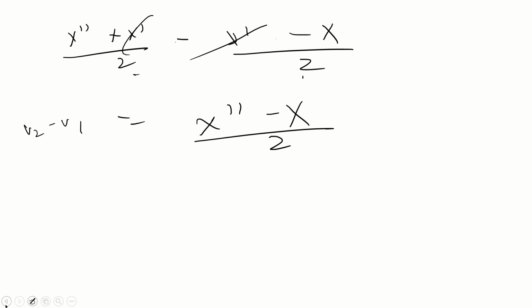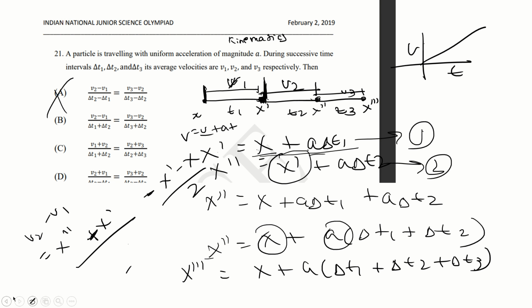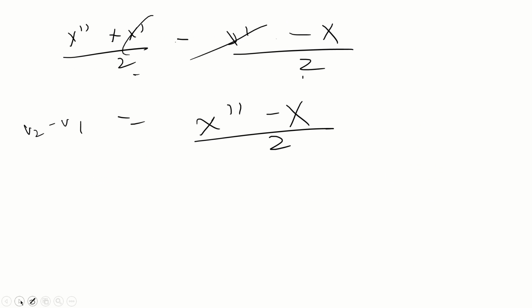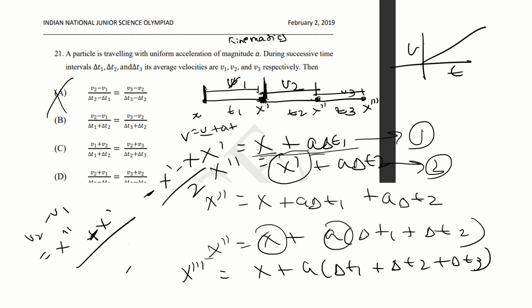Now let's put the value of this. So V2 minus V1 is going to be, we just have to do x double dash minus x, where x is only x. So a into delta T1 plus delta T2.